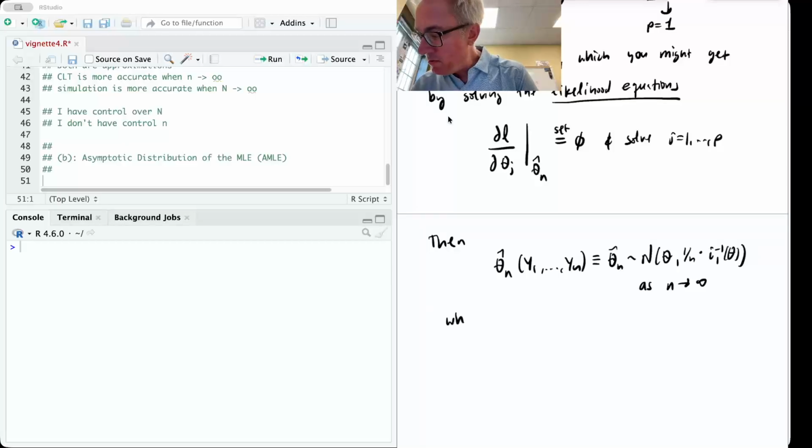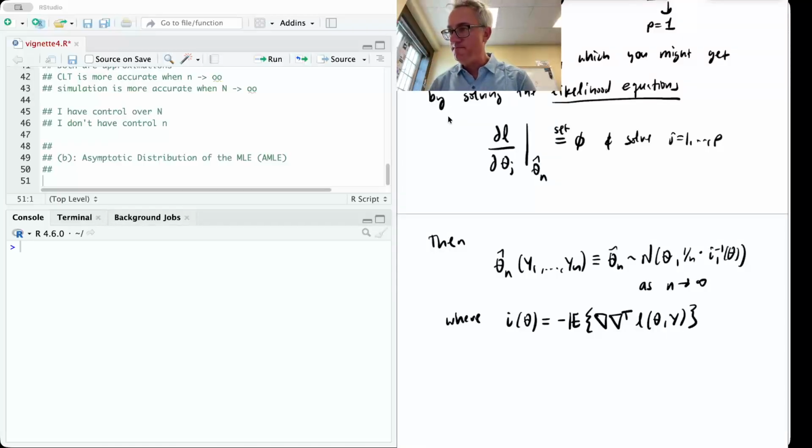And now this I thing, so I of theta, which is a little different than I1 inverse of theta. So I of theta is minus the expected value of the second derivative, which I'm writing as a Hessian because this is a vector valued likelihood for random y. In the case of a scalar, this is just the second derivative of the log likelihood.